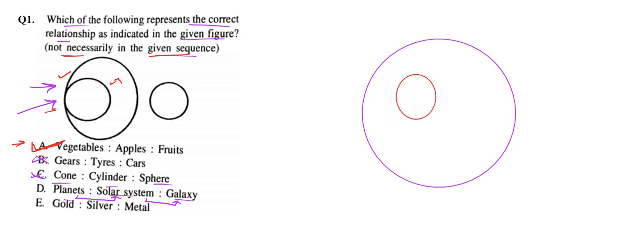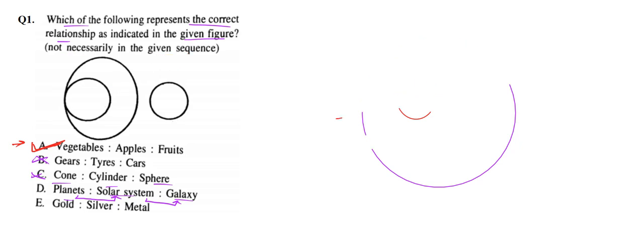We know that the planets are a very small part of the total solar system, so the planets belong inside the solar system. So option D should represent three concentric circles, but we do not have such a figure. So option D is proved to be a wrong option, and we are left with only the first option.